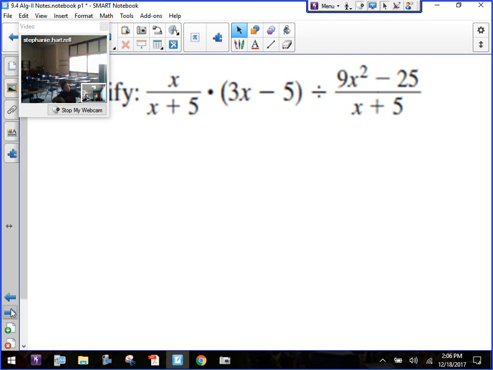Also, Knocker was asking about this earlier, about the whole review packet and everything. I think I have a decent one that I was working on over the weekend. With any luck, if the copiers aren't just completely jam-packed with everybody trying to get something done before break tomorrow, I'll do my best to try to get a copy of it for you. Otherwise, I'll just post the PDF files on the calendar or on the website itself, so you can just look at the problems, write them out, and go from there.